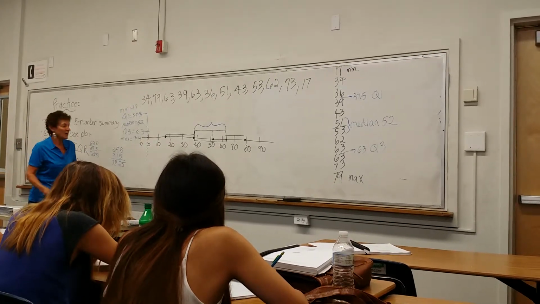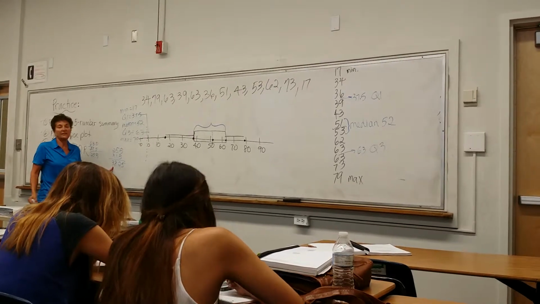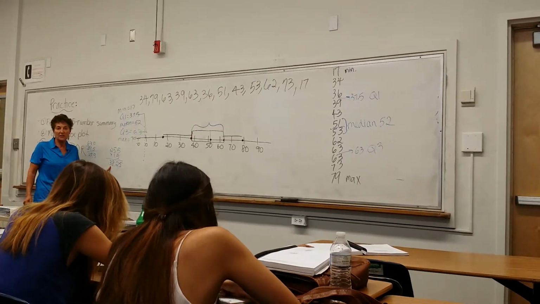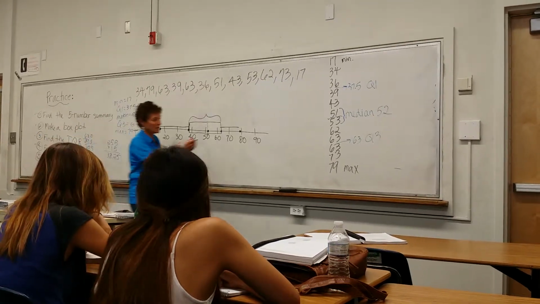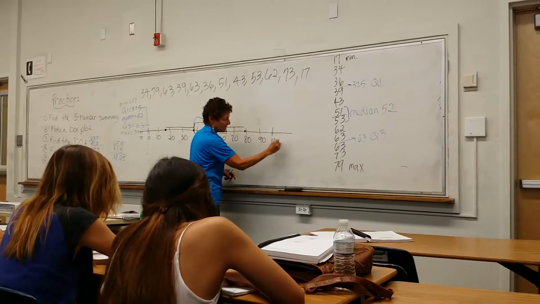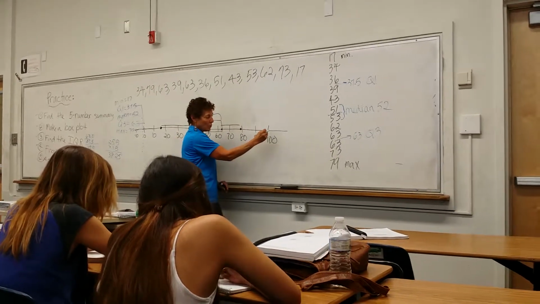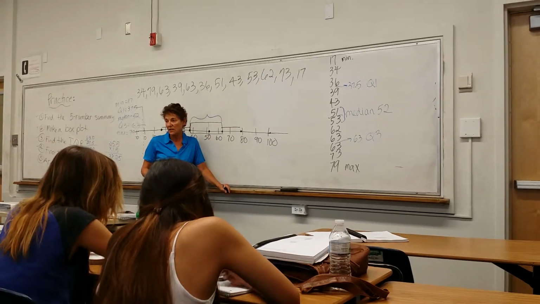And the upper fence is going to be 63 plus the 38.25. Okay, so here's the 100. So 101.25 is barely to the right of 100, agreed?